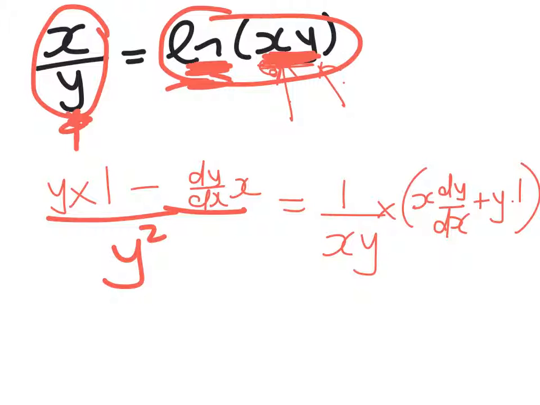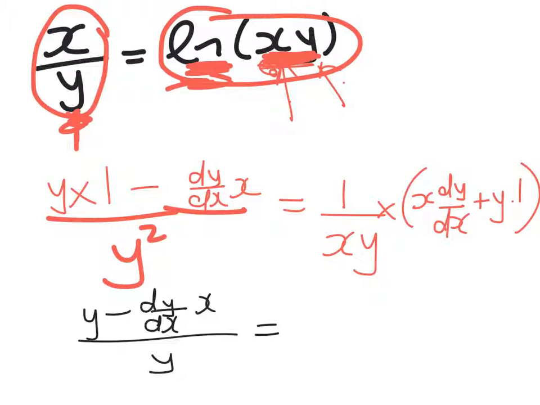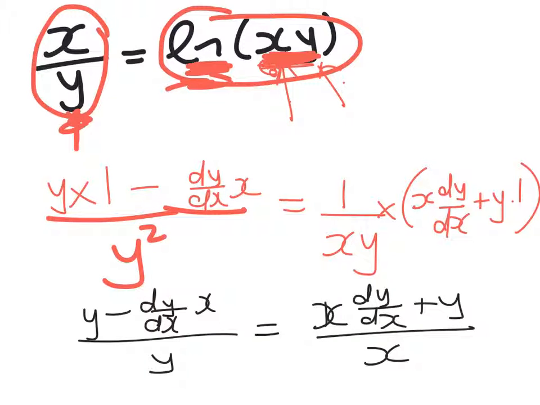Now I'm going to immediately multiply both sides through by y, and that'll give me y minus dy by dx x over y is equal to 1 over x times x dy by dx plus y over x.